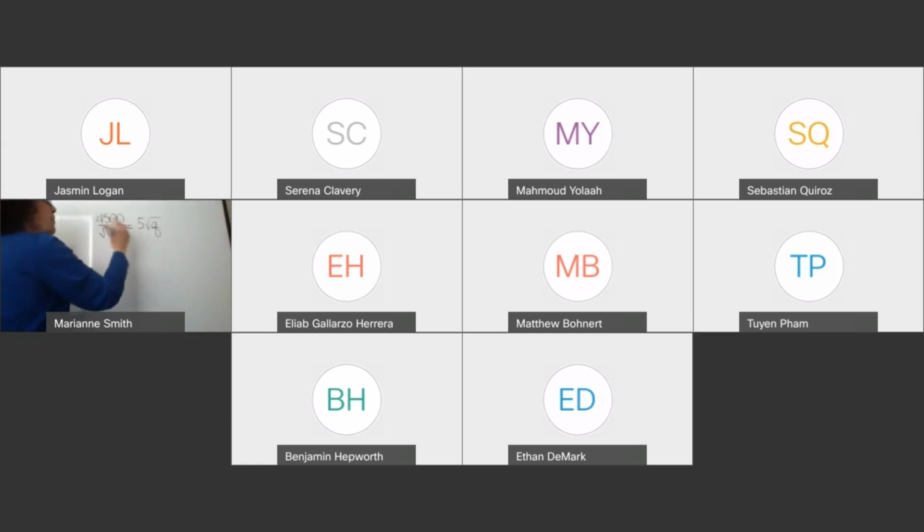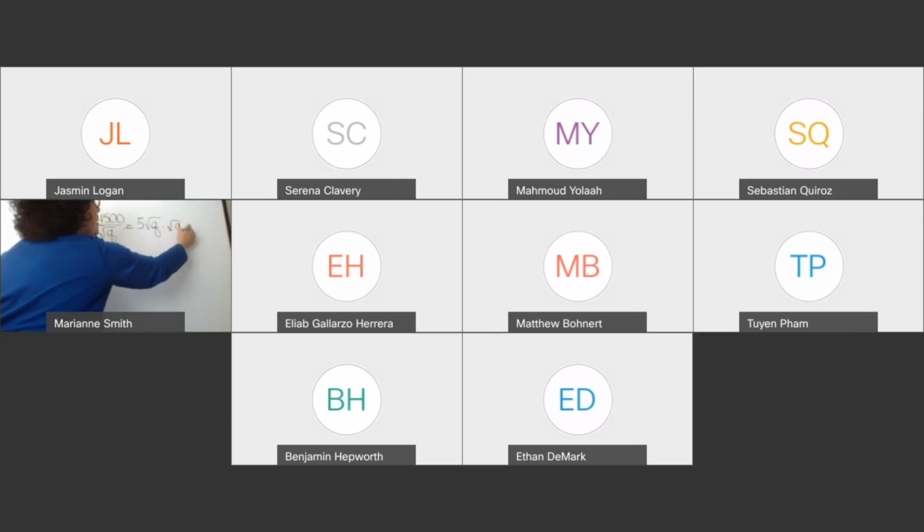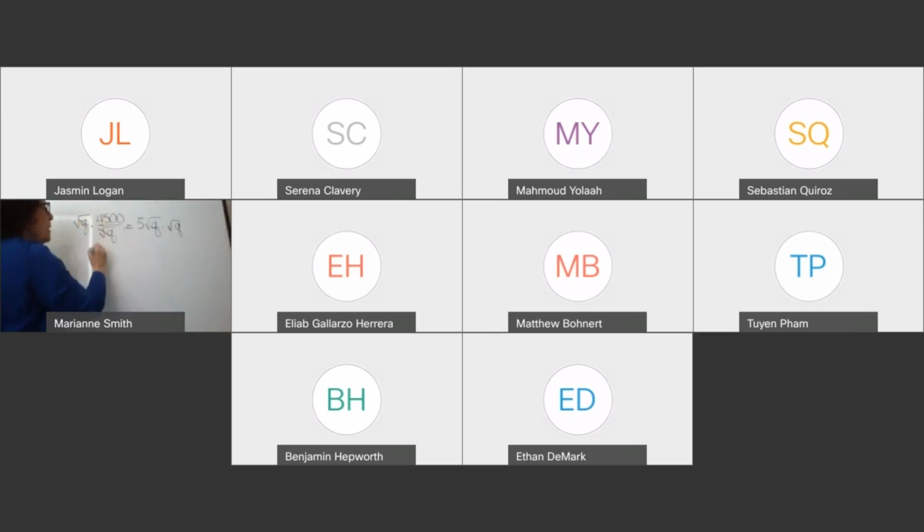Now, in order to simplify this, I'm going to multiply both sides by the square root of Q. That gets rid of them here and gives me 4,500 times 5, and Q times square root of Q times square root of Q is Q. And then the last thing I'm going to do is divide by 5. That gives me 900 equals Q. And because we set supply and demand equal, this is Q star. Everybody all right with that one?